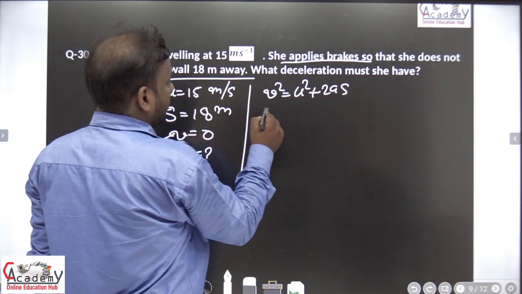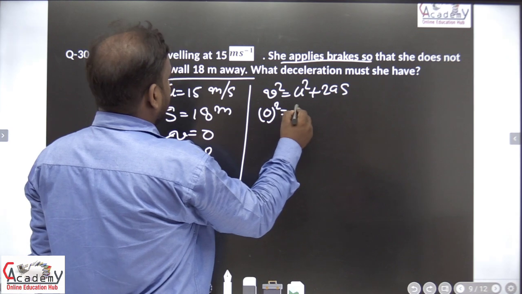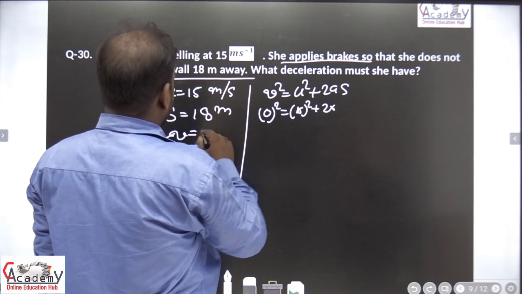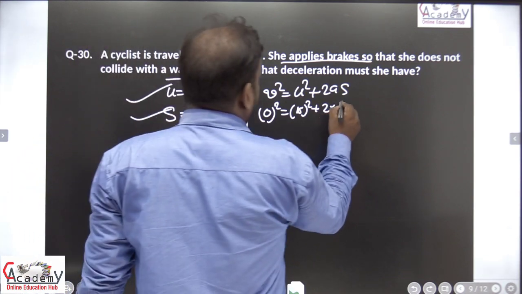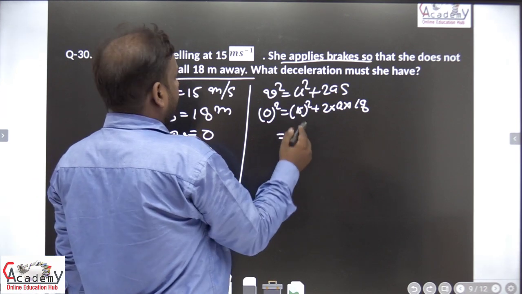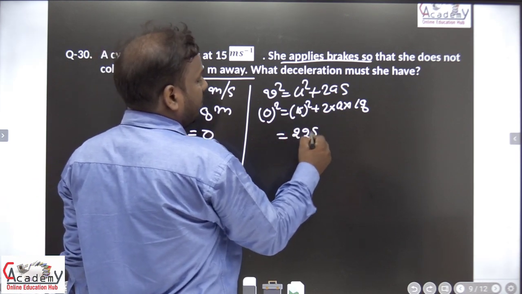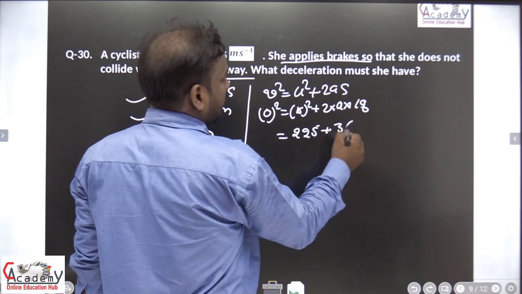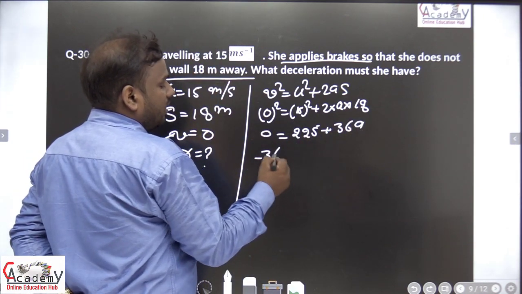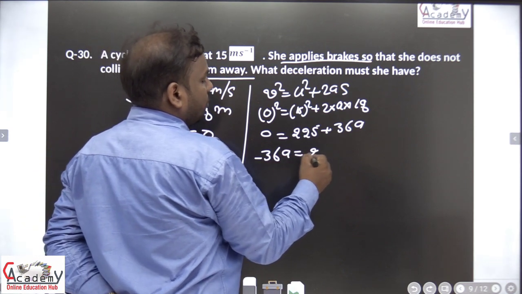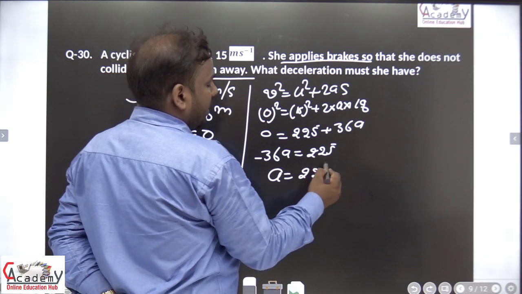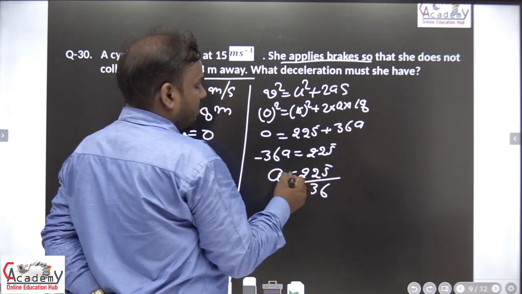So the final velocity is 0, initial velocity 15 square, plus 2 times acceleration, which we have to find, and the distance is 18. Then 15 square is 225, plus 2 times 18 is 36a. When we put it here, we got 36a is equal to 225, a is equal to 225 divided by 36, minus, negative.